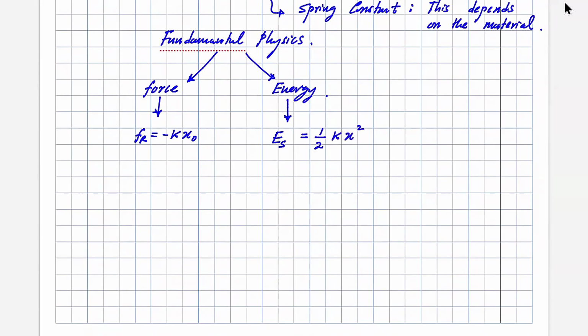Proof is not needed. You need calculus to prove that. Unfortunately, we don't have that in our syllabus, so we avoid looking at the proof, but we remember it. So we call this spring energy.